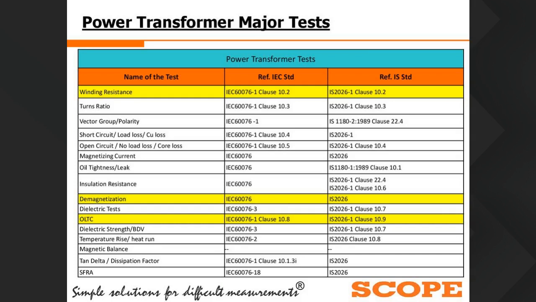Here you can see the applicable IS and IEC standards I have mentioned with clause numbers. For winding resistance, it is IEC 60076-1, clause 10.2.